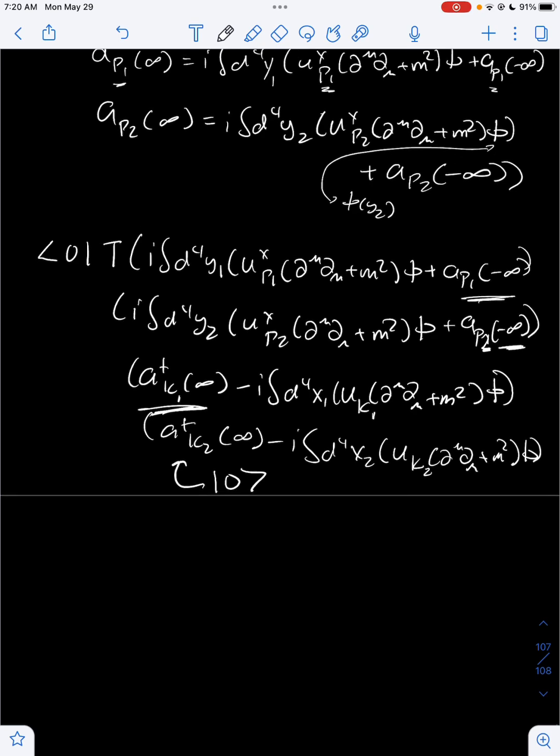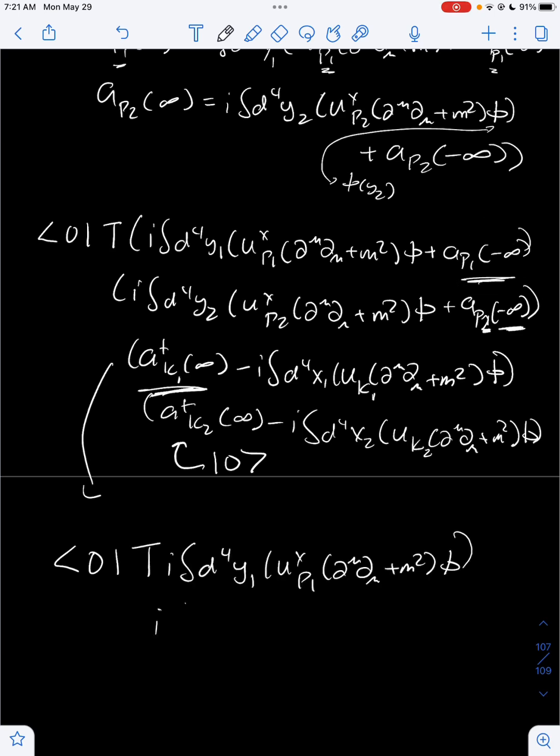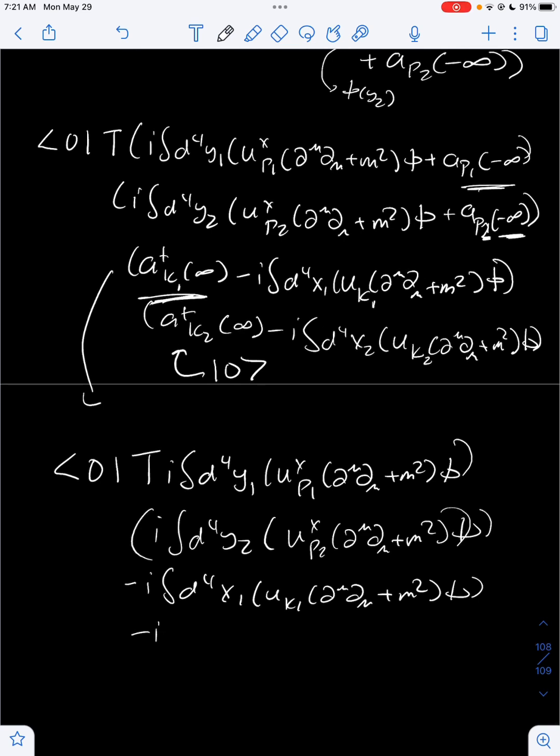Meaning, we can just ignore all terms with creation and destruction operators, which means that our expression simply boils down to T, and this is all being multiplied together, right? They're all being multiplied together.